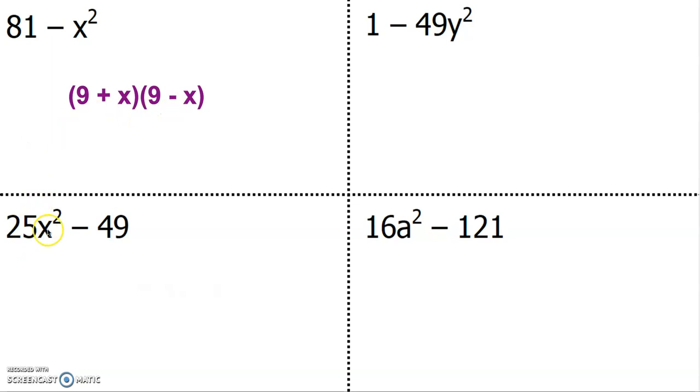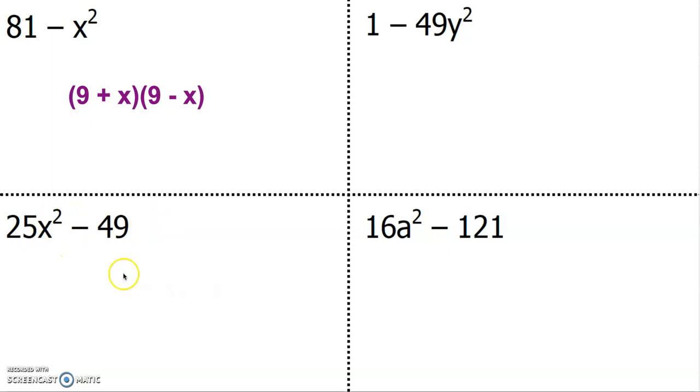Here I have 25x squared minus 49. Once again, is this a difference of squares? We have the difference for the subtraction. What times itself gives us 49? Well, that's 7 times itself. 7 squared is 49. 25x squared, well, 5x times itself would give me 25x squared.